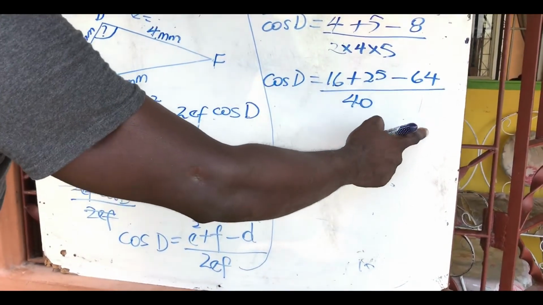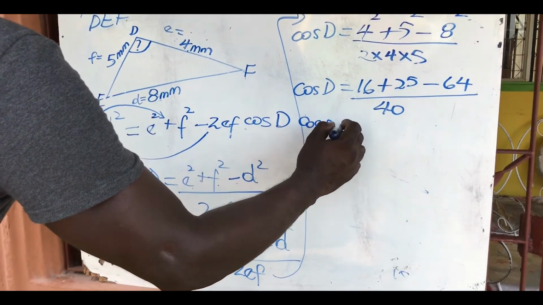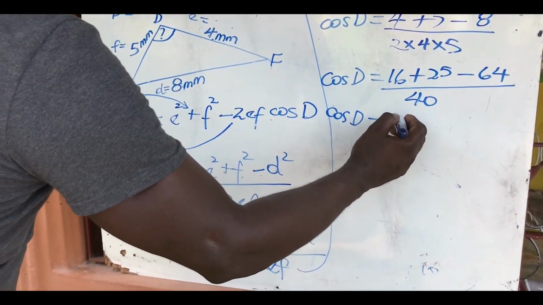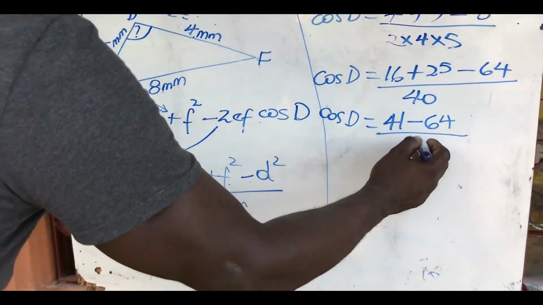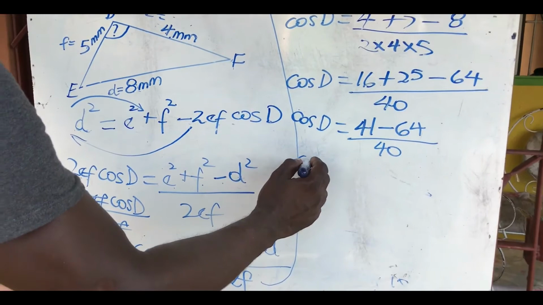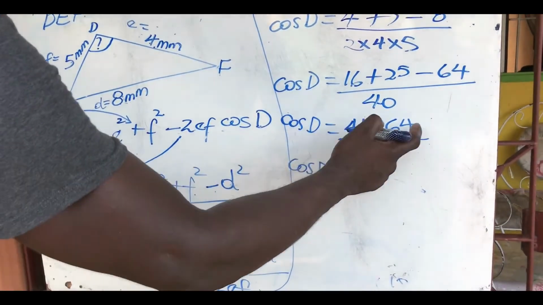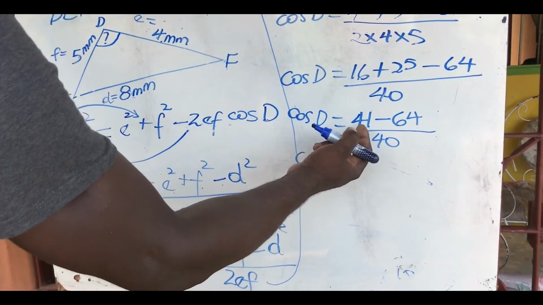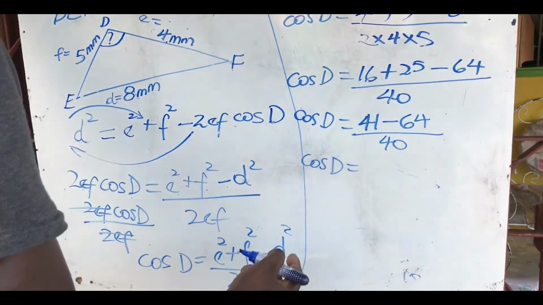That's the commutative law. So what I have is cos D equals 16 plus 25 will give me 41 minus 64 all over 40. Now, 41 minus 64: here I have 41, the minus in front means I owe 64.